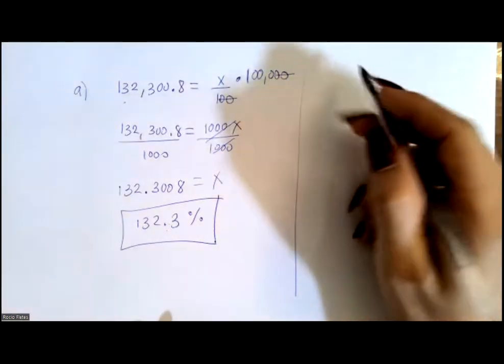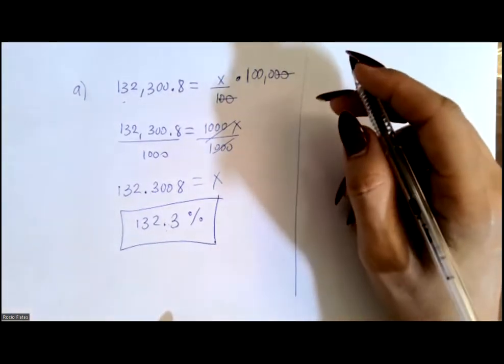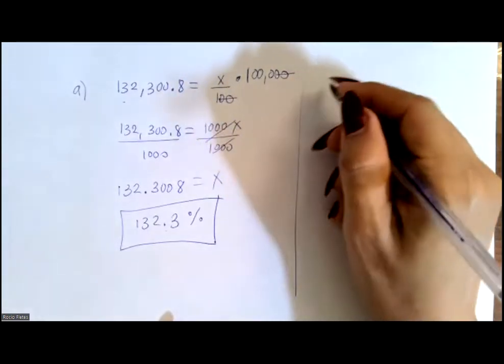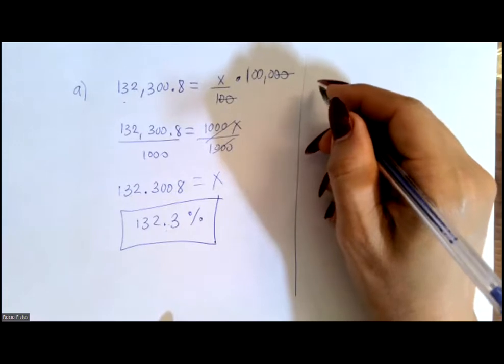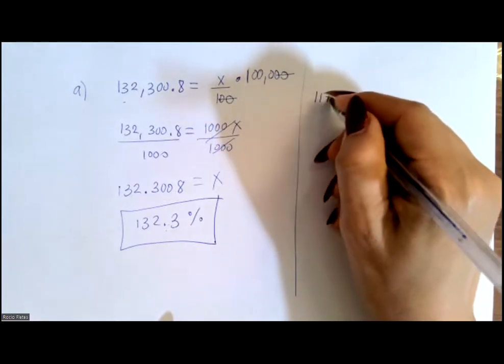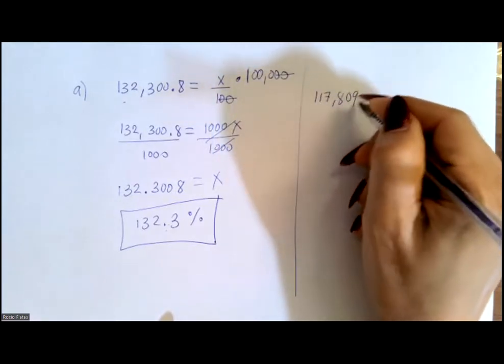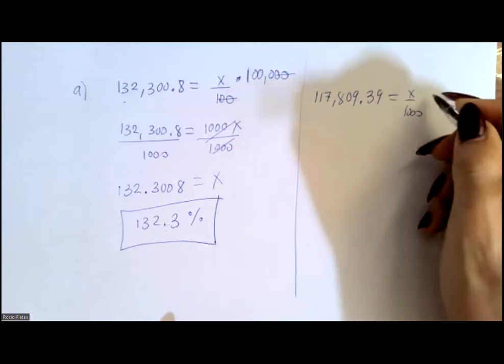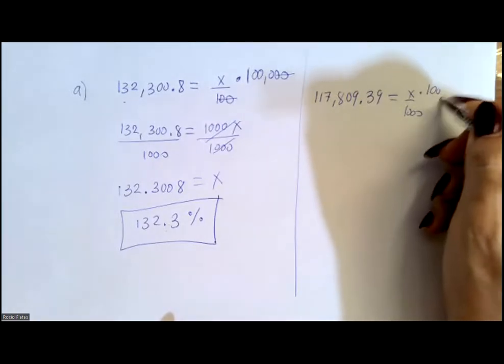And you're gonna do the same thing here for the second question, which is still part A. You say, okay, for the second mortgage, well, 117,809.39 is what percent of 100,000, right?